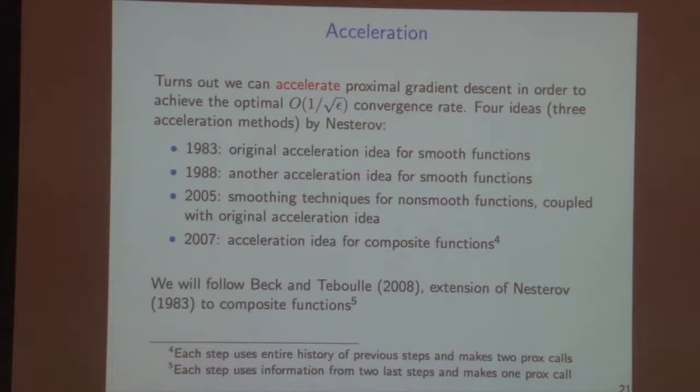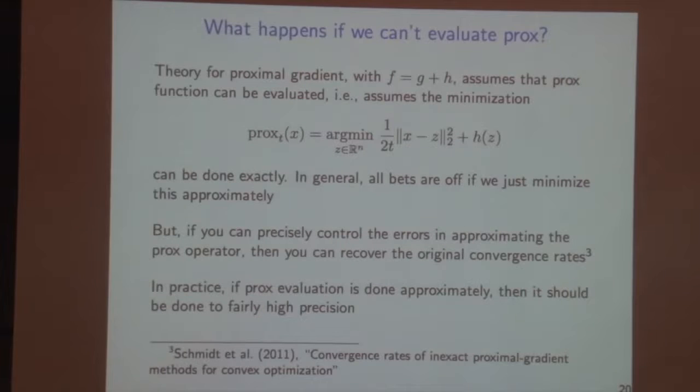Yeah? Why is this more sensitive than gradient descent? I mean, if I get an inexact gradient? Yeah, in a sense, it's not more sensitive, but the proximal operator could be very flat around its solution.